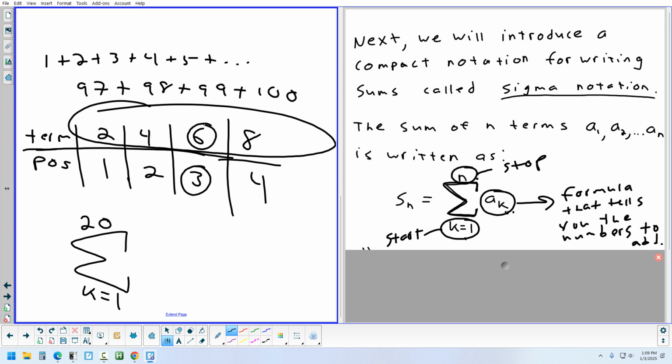There's a pattern that changes this number into that number. Times 2. Right. The pattern is times 2. So that's the formula.